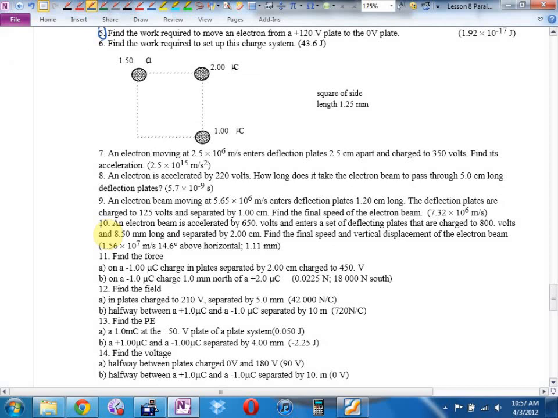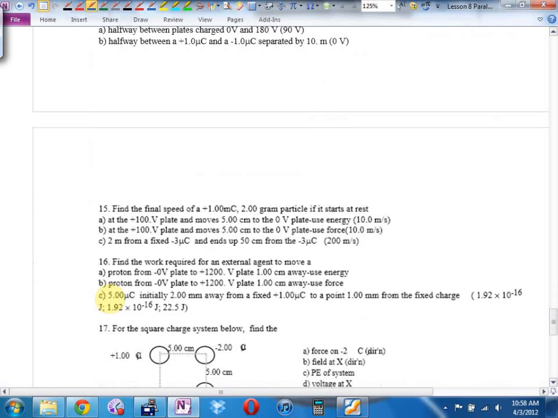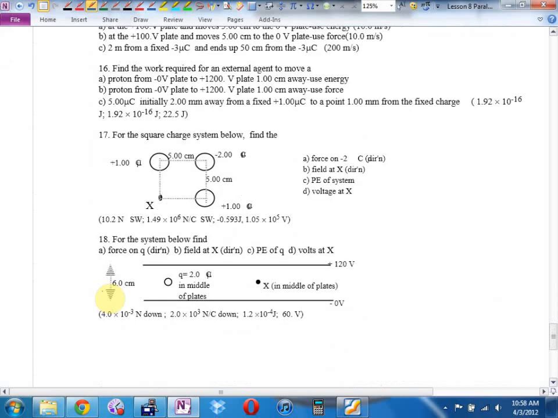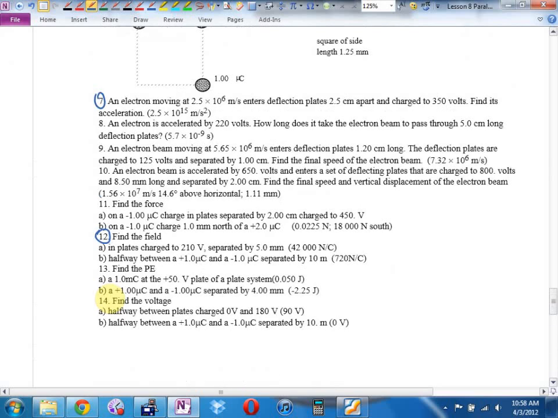Skip 6. 7 is good. 12. Yeah, we'll pause there. There's lots of extra questions as well. And then I got one more video to show you.